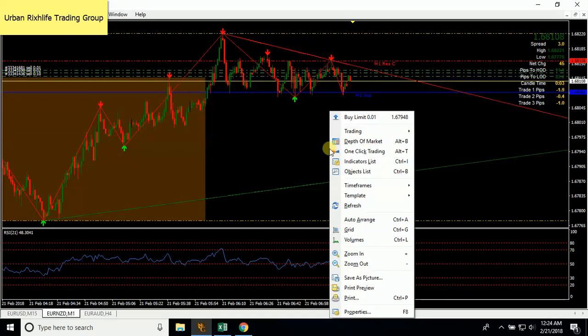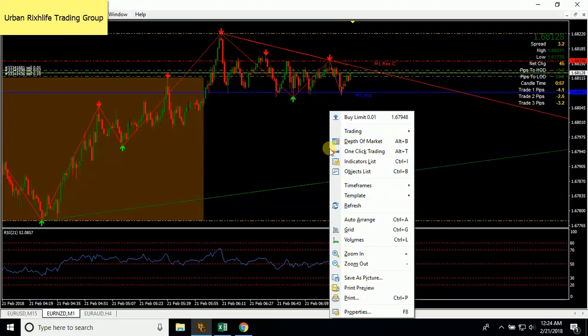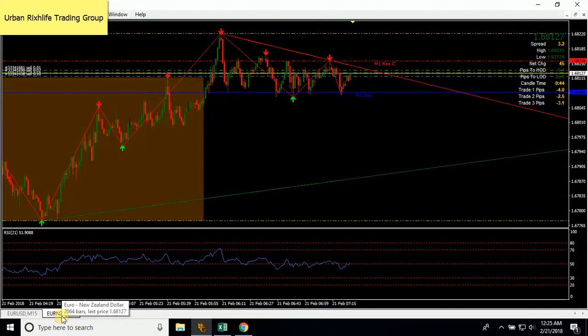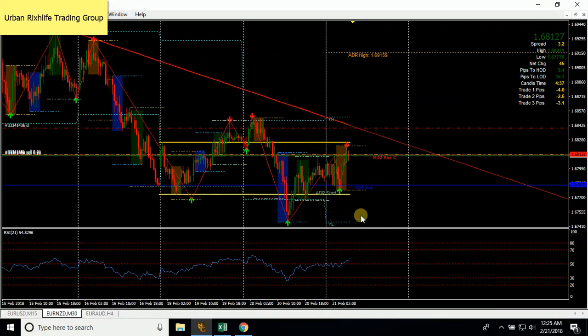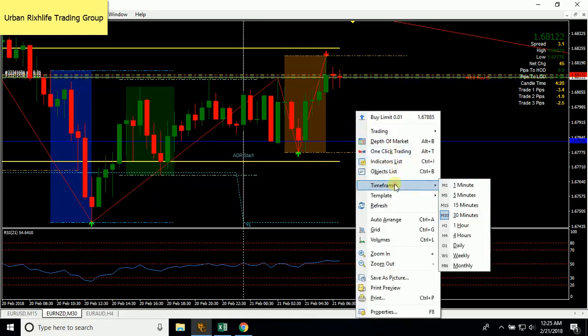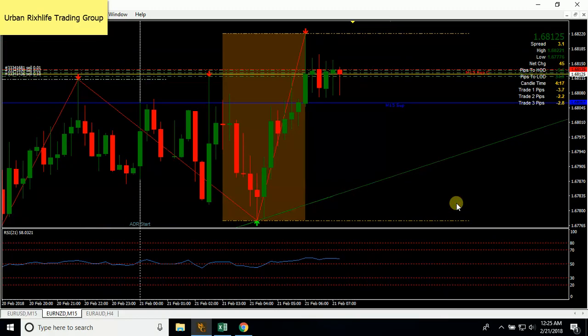Your best entries are going to come at the open and close of an hour and 4-hour candle at the same time. That there is the Euro New Zealand.